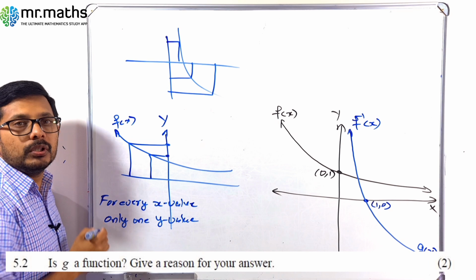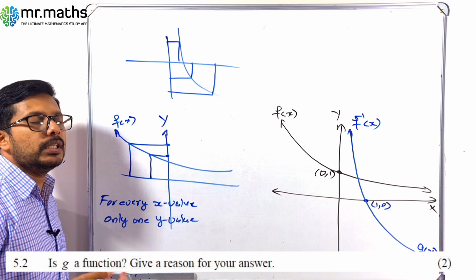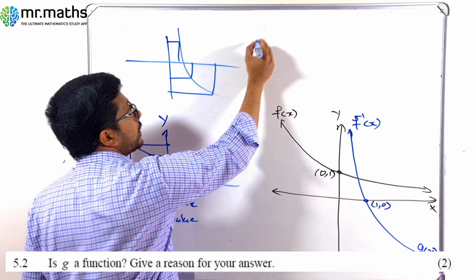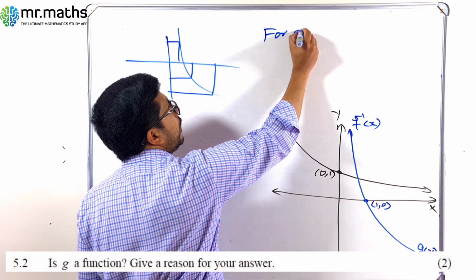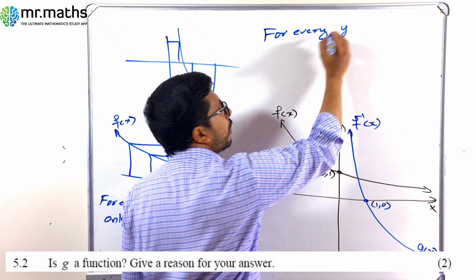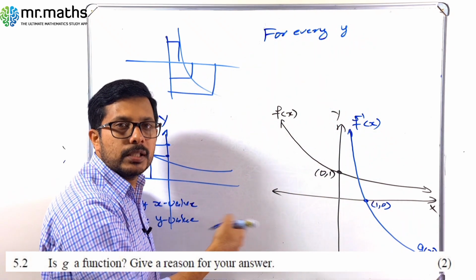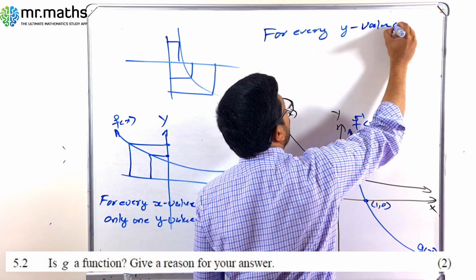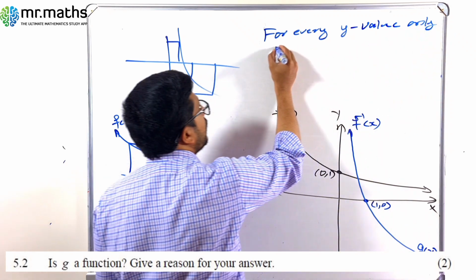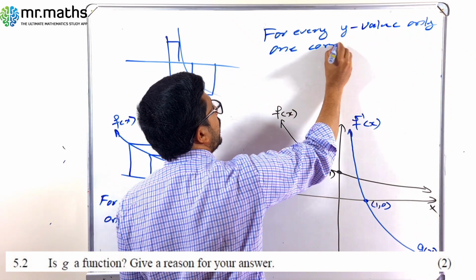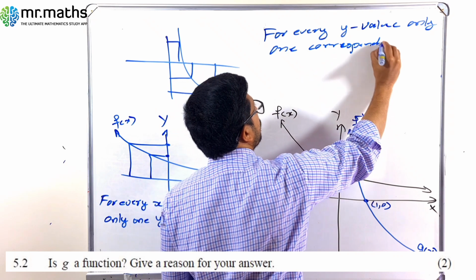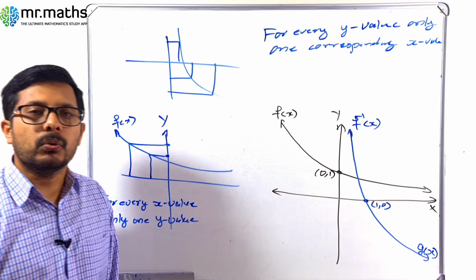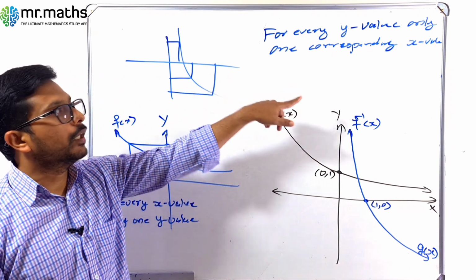Okay, so what are you supposed to write as the reason? For every y value, not x value here, because we are talking about g of x, the inverse graph. So for every y value, only one corresponding x value.